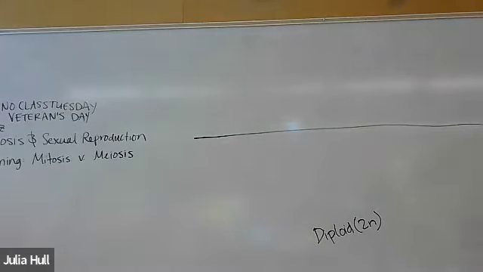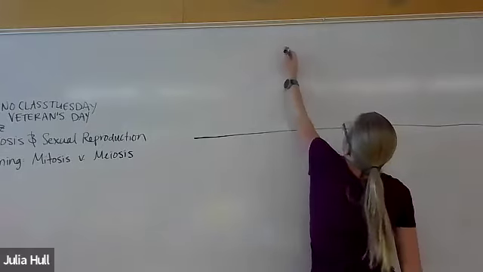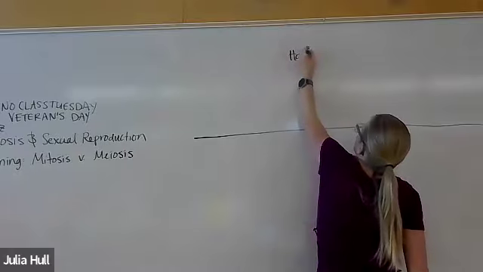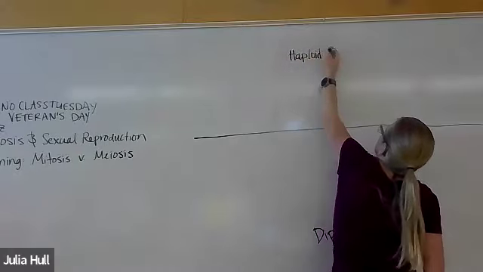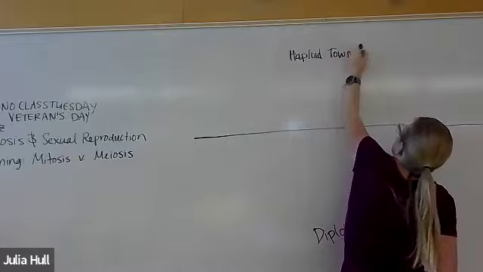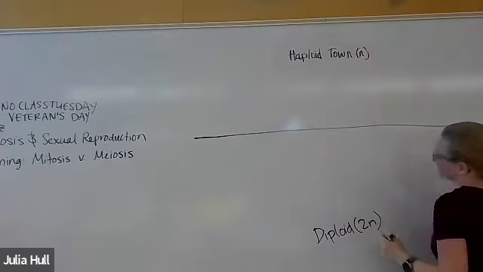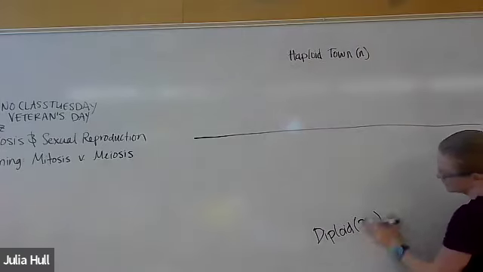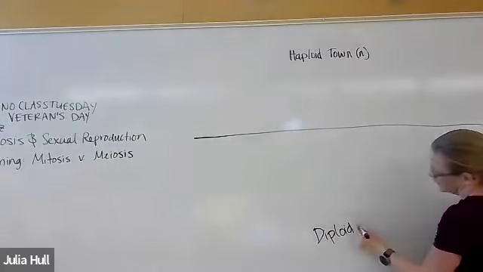Two sets of chromosomes, okay? And then what's the other form? Haploid, one set of chromosomes. I call this haploid town over here. All the cells on this side of the fence are going to be haploid, have one set of chromosomes. This side I call diploidville.